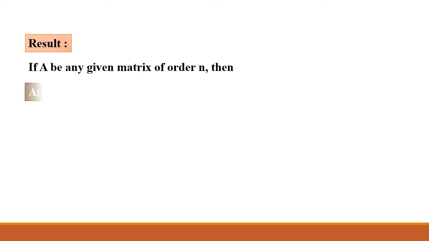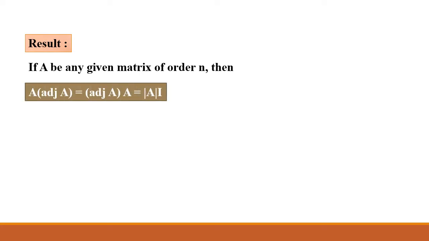Next we will consider a result. If A is any given matrix of order n, then A into adjoint of A is equal to adjoint of A into A, which equals determinant of A into I, where I is the identity matrix of order n.